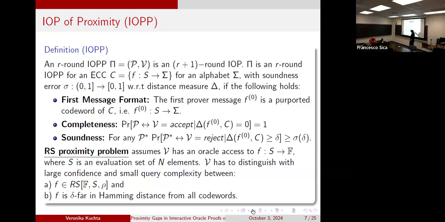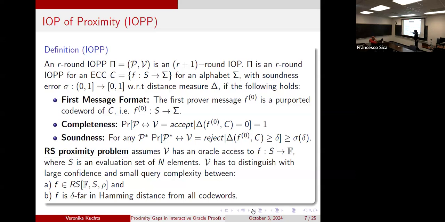So the actual problem that we are dealing with here is the proximity problem. As I mentioned, such interactive oracle proofs of proximity are usually instantiated with Reed-Solomon codes. So I will present here the Reed-Solomon proximity problem. We assume that the verifier has oracle access to a function f, which maps from a domain S to a finite field.